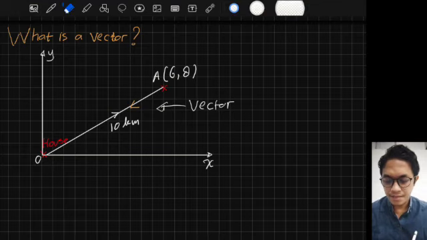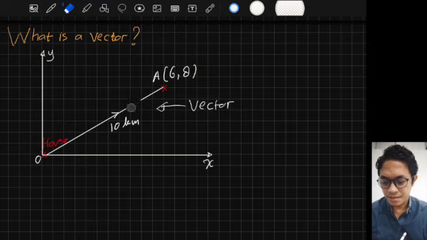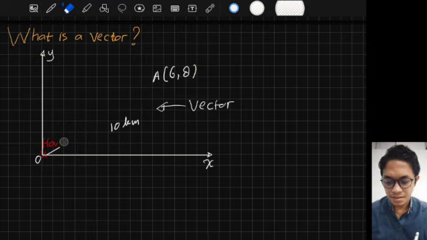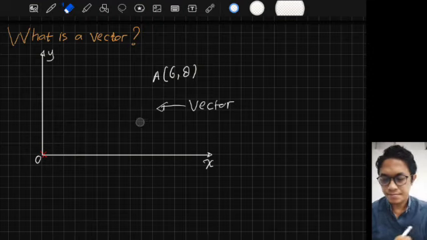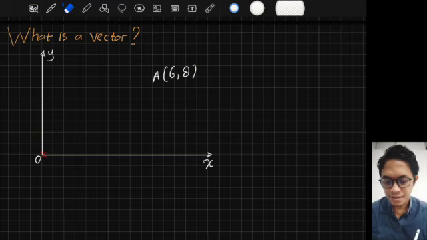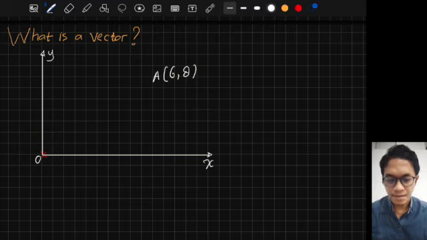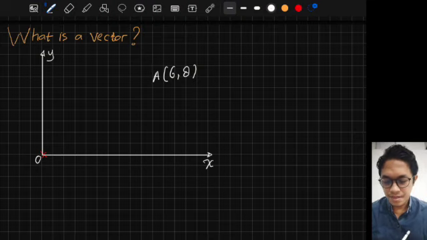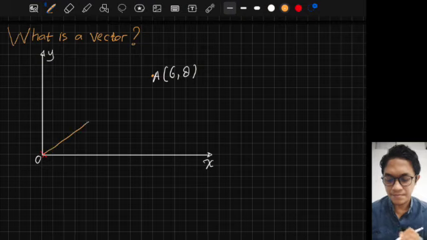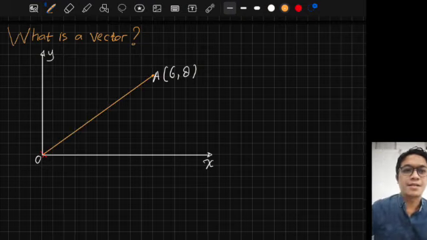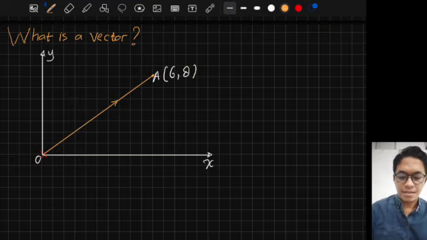Let me redraw the diagram. When you have a certain point A, you can always make a line from the origin to that point, with a certain length, in this case 10 kilometers.